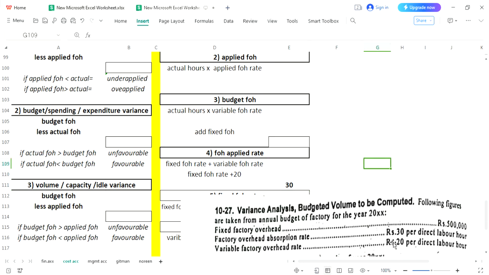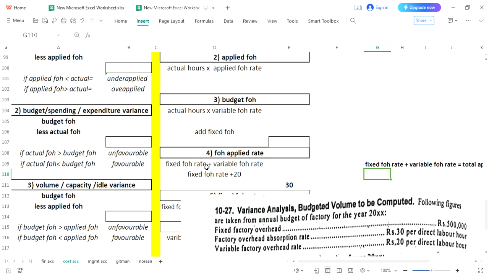Here you can write this statement: fixed FH rate, if you add variable FH rate, what will you get? Total applied rate.